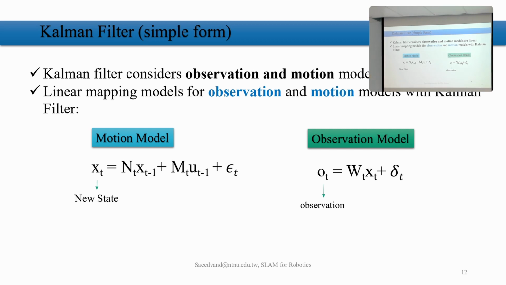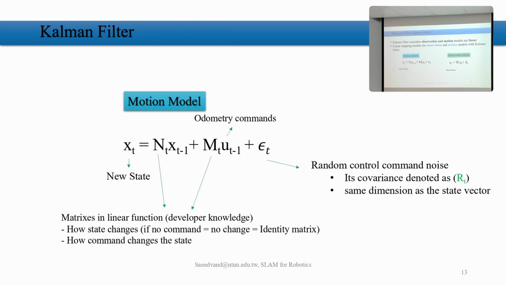Then the same thing for the observation, whatever it can be, a LiDAR scanner or image processing. You have some observation that still has some error, and a matrix that can scale our observation model.